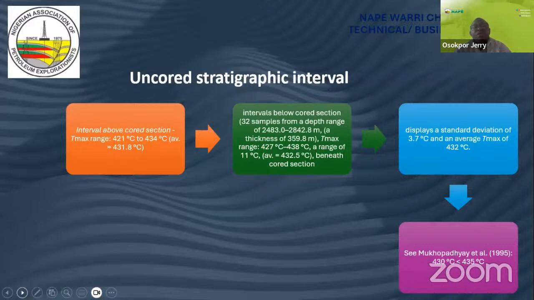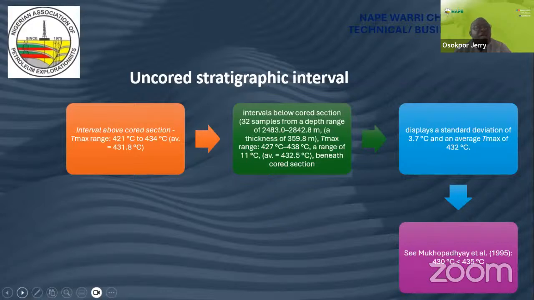So that is that for the cored section. Now let's look at the data set from the uncored section of the well, which is the stratigraphic interval above the cored section. There are two uncored sections because the cored section is in between them.